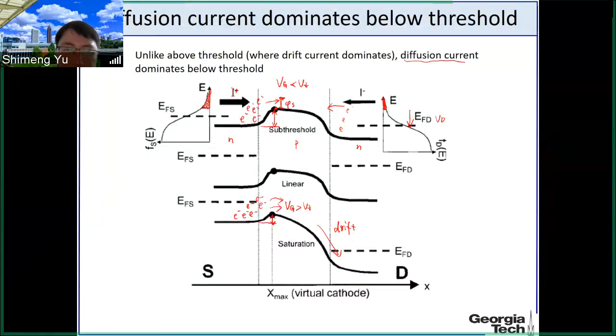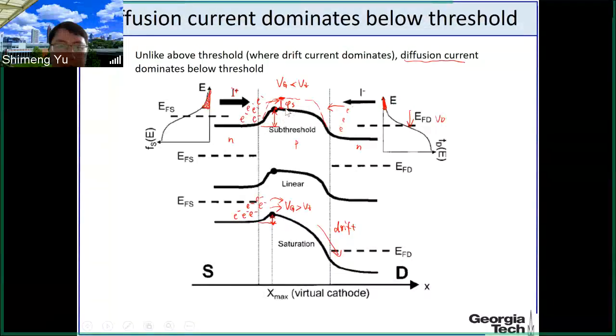Phi s is how much you bend down the band, the EC. Without the gate voltage, maybe the barrier height is something like this. But with the gate voltage you applied, which is smaller than Vt but still applied, phi s is the bending down of the band edge.